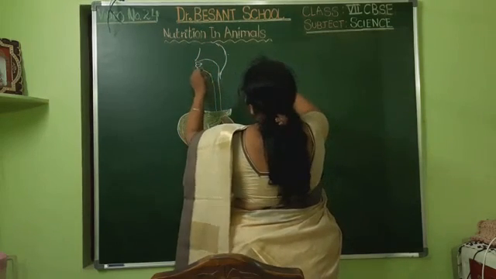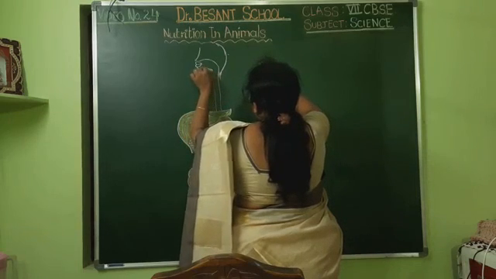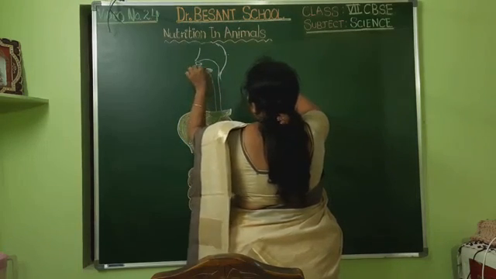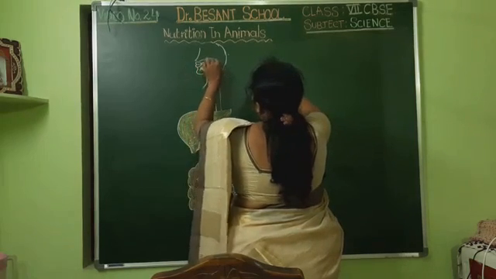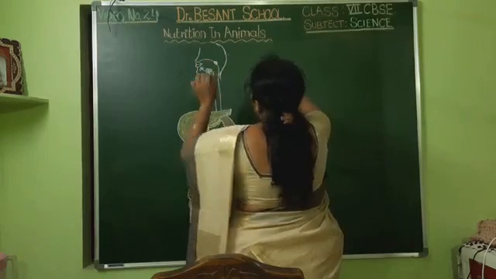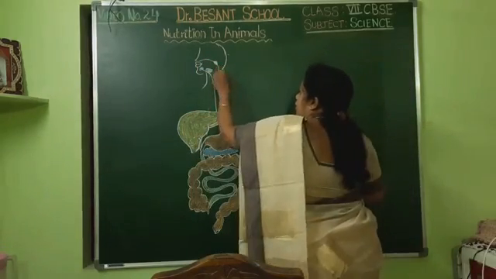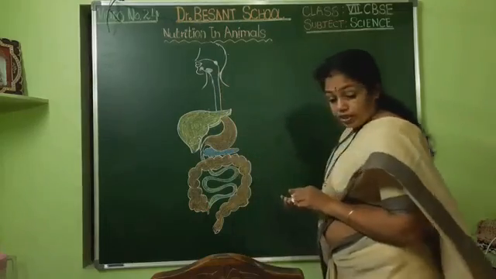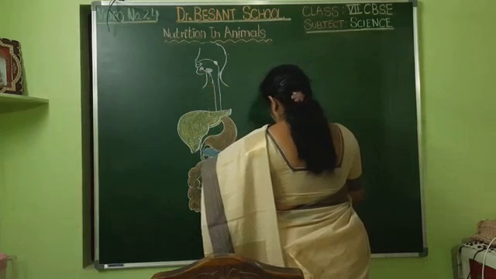Okay children, here you can see the salivary glands under the tongue and here, and also somewhere here you will find the salivary glands. I am just showing it here. Can you see this? Here I shall show that this is the buccal cavity.